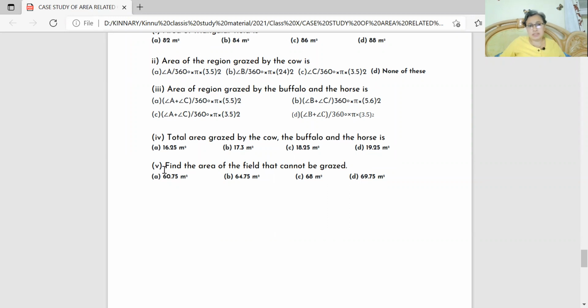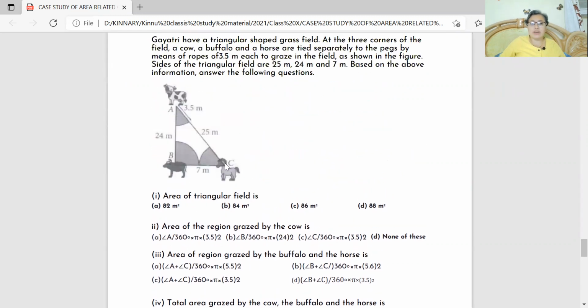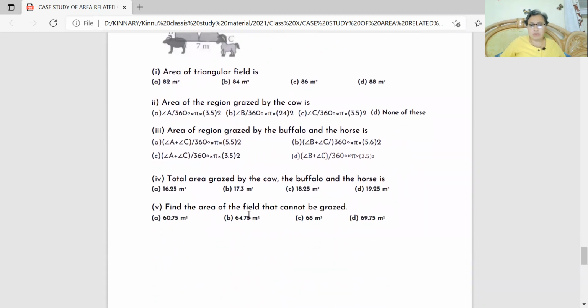Now the next question is, find the area of the field that cannot be grazed. That means you need to find the remaining area of the triangle. How will you find it? You first need to find the area of the triangle, and from that you need to subtract the area which you have already found, that is 19.25.